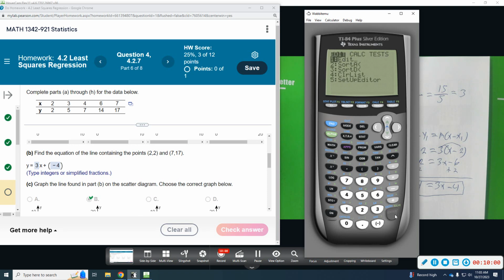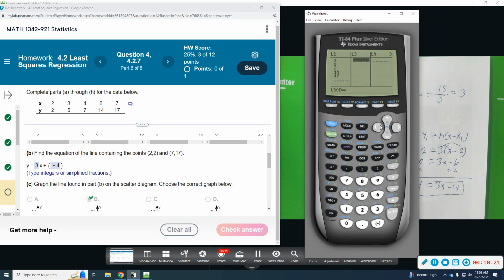Let's see. So these are my y values, okay? So I want to have this first. Let me delete these. I'm going to clear it because I want to put it here. I want to put it right there.